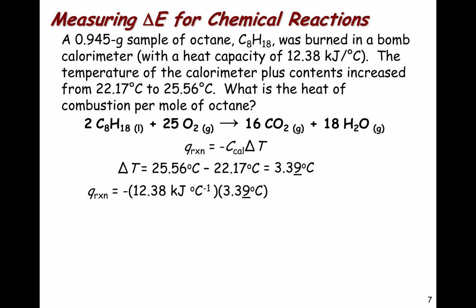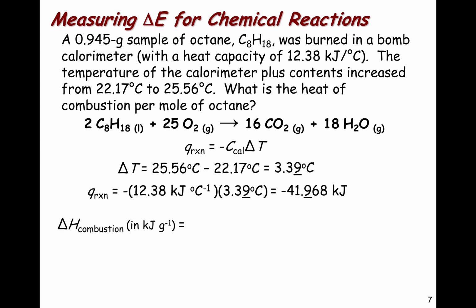We can plug our heat capacity and temperature change into our equation, and we're going to get a negative Q for the reaction, in this case negative 41.9, and with 3 significant digits we would need to round that up if we were to solve it at this point.